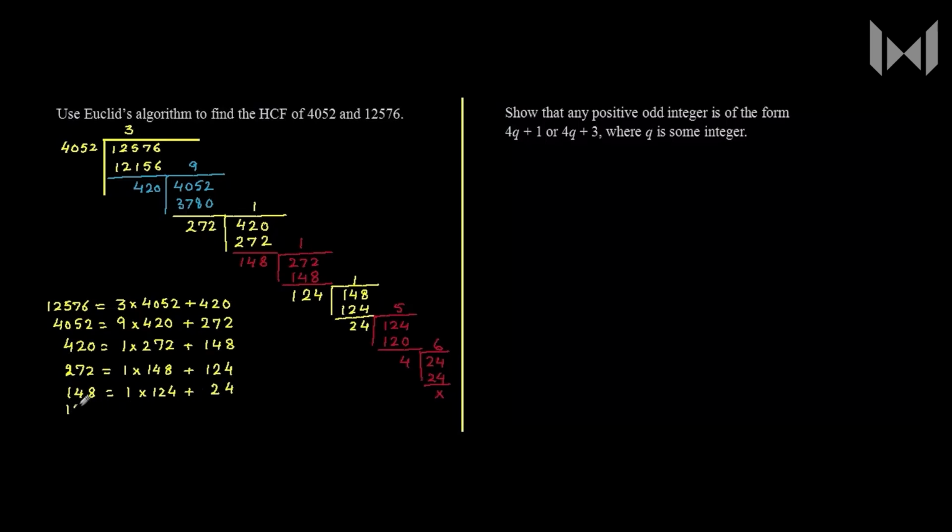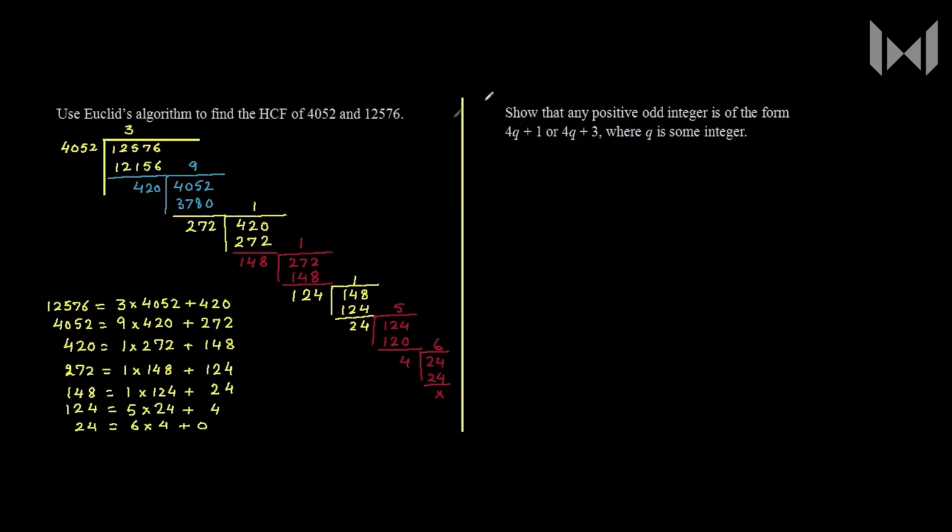Next step, 124 being divided by 24 going 5 times, so 5 into 24 plus 4. And now finally 24 is equal to 6 times 4 plus 0.